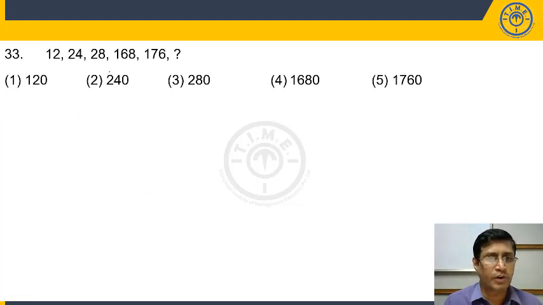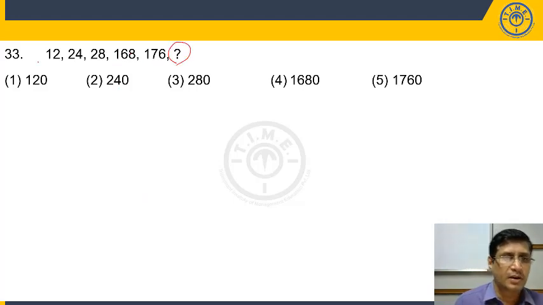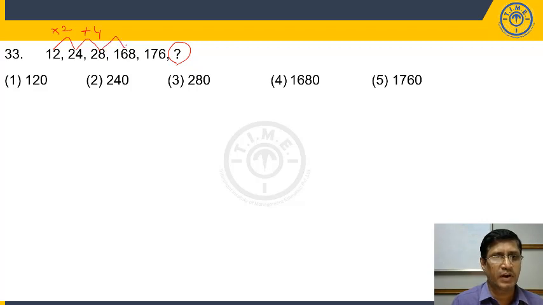12, 24, 28, 168, 176 and question mark. If you observe this carefully, here it is becoming exactly 2 times, whereas here it increases by 4. What about this one? It is becoming 6 times, whereas here it increases by 8, and the next one is multiplied by 10.